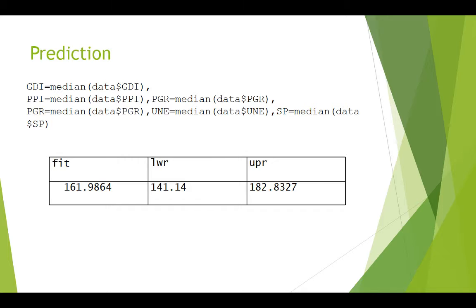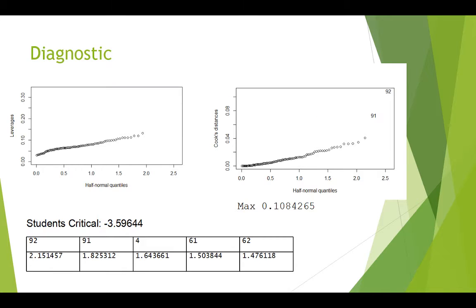Here is our fitted value, 162, and also its prediction intervals. We also do diagnostic tests, and there are no abnormal data, no high leverage data, no highly influential data, and the Cook's distance is fine. Even though we can see some odd points on the plot of Cook's distance, the maximum value is 0.1, so there is nothing to worry about.